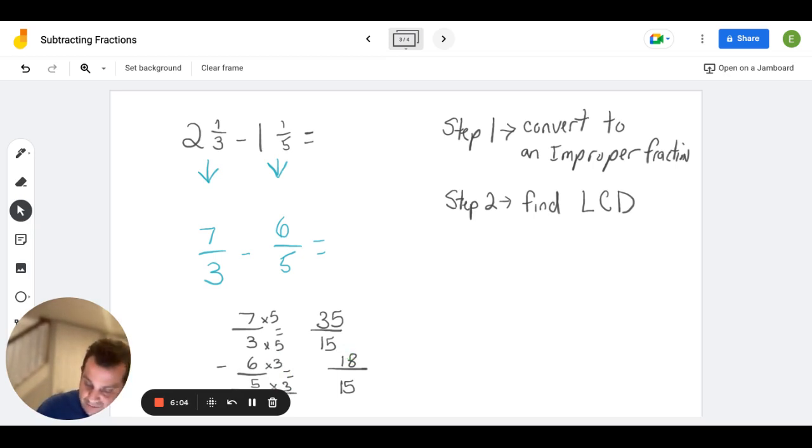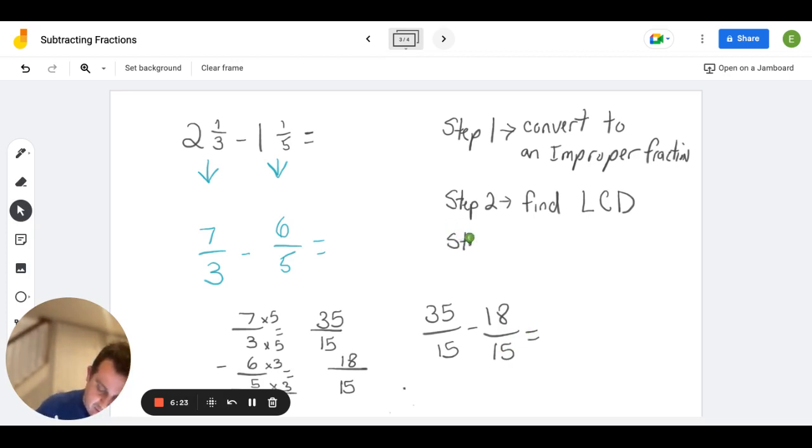So we have, I'm going to rewrite this, 35 15ths minus 18 15ths. Okay, so least common denominator.